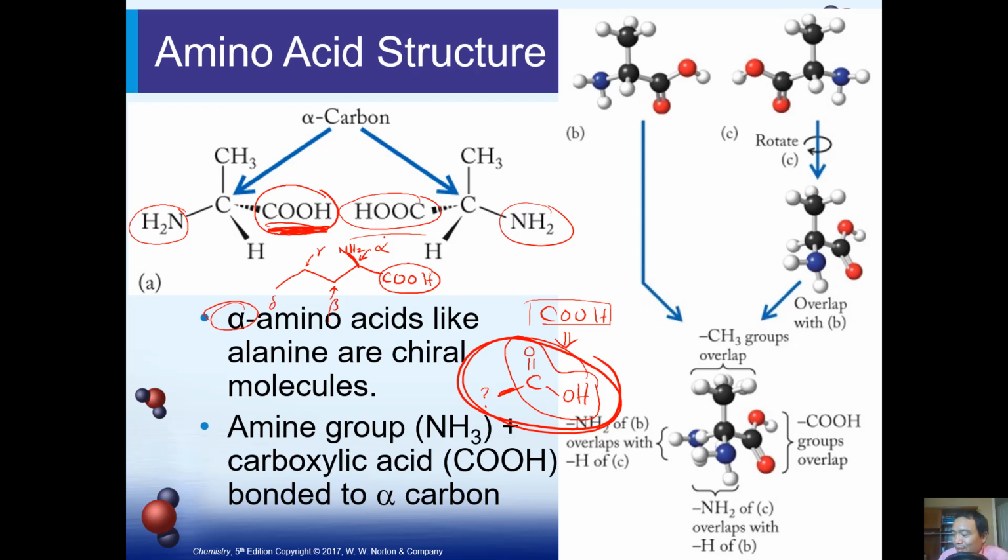If I put the NH2 on the beta position, that's also an amino acid, but it's not alpha amino, it's a beta amino acid. You see the beta carbon here, so it would be a beta amino acid. So that's some of the things you need to know.